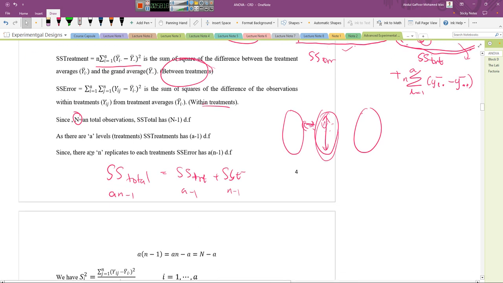So you can see here, as there are a levels, SS treatment has a minus 1 degrees of freedom, and since we have n replicates, this n minus 1 will be the degrees of freedom for error.